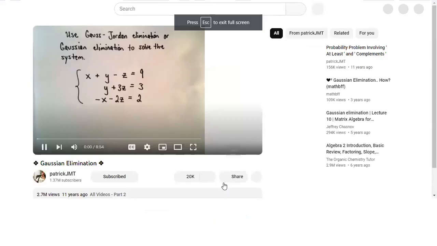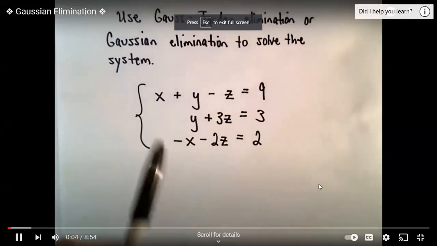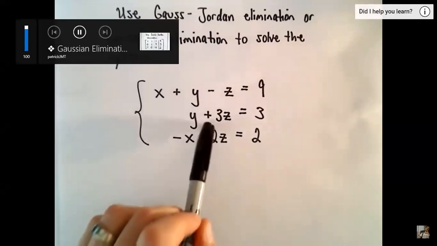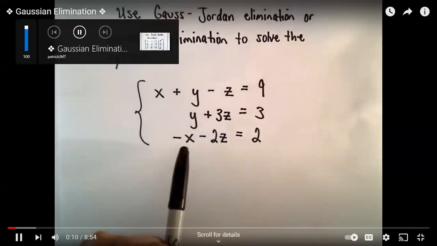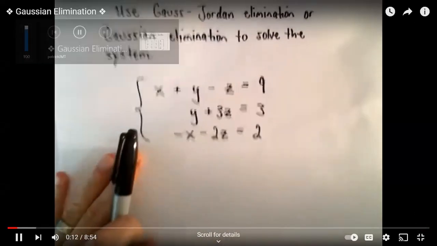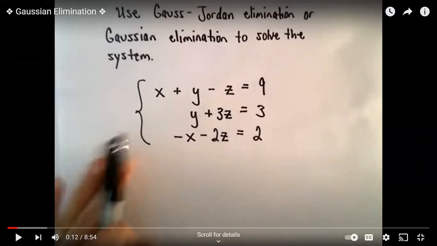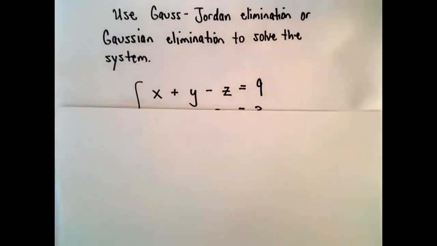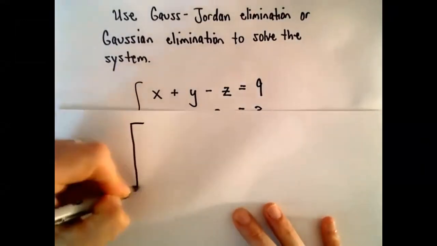Here I'm going to use Gaussian elimination to solve a system of equations. We've got x plus y minus z equals 9, y plus 3z equals 3, negative x minus 2z equals 2. We're going to watch most of it. The first thing I'm going to do is write down my augmented matrix.